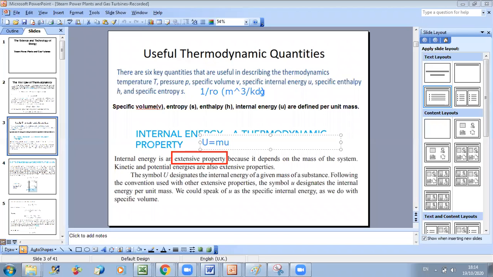Depending on my problem, I will multiply by the mass to get big U. So the intensive properties are given in small letters. The symbol u will give you the internal energy per unit mass, as we do for the specific volume. For the volume we put the symbol as big V, and for the specific volume it is small v, so m times small v.